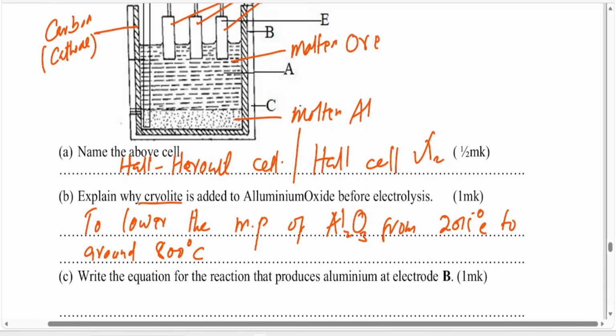So you can simply say to lower the melting point of aluminium oxide, and that will still give you 1 mark.